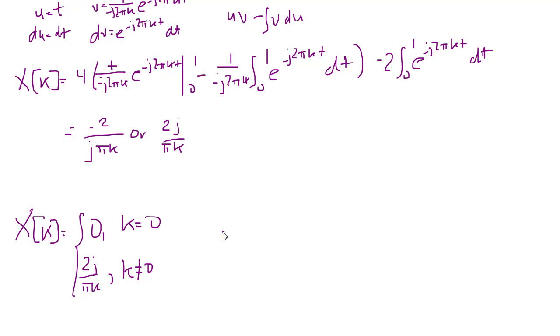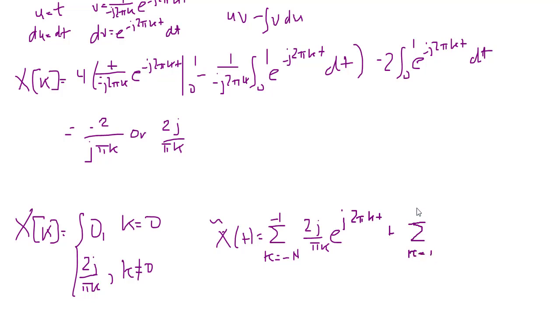And we have x of t, the Fourier series approximation, is equal to the summation from k equals negative N to negative 1, 2j over pi k, e to the j 2 pi kt, plus the summation from k equals 1 to N, 2j over pi k, e to the j 2 pi kt.